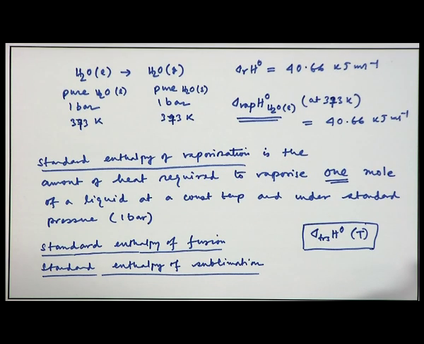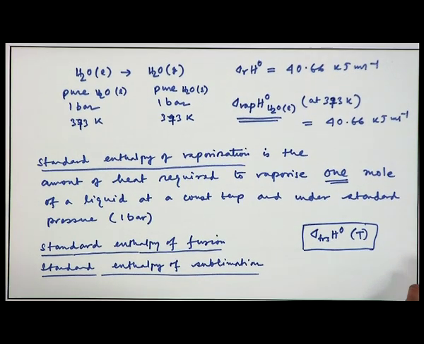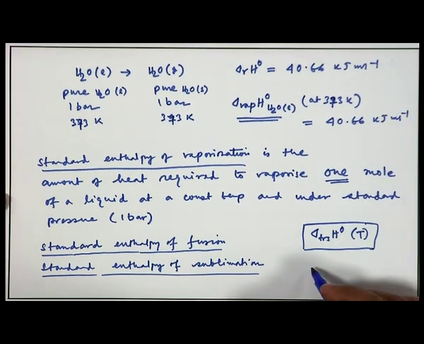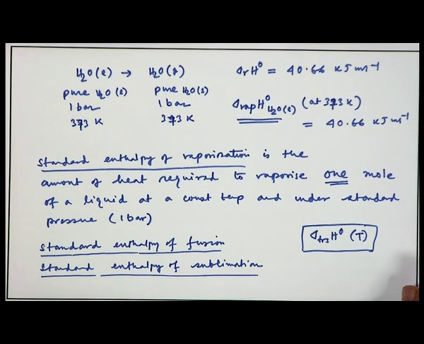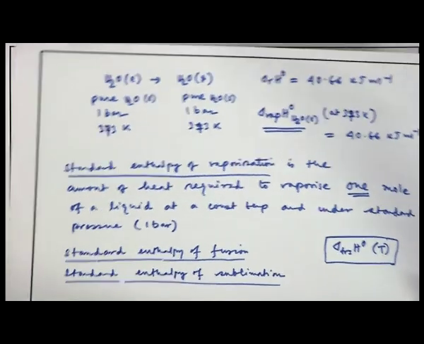So, if the intermolecular attraction forces are higher, for example, the standard enthalpy of vaporization of water will be higher than the standard enthalpy of vaporization for acetone, because the attractive interaction between water molecules is higher because of hydrogen bonding than between acetone molecules.